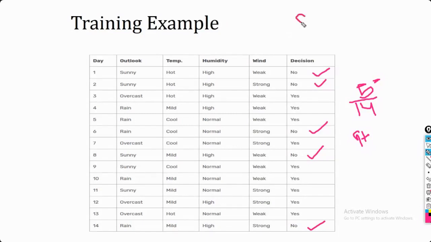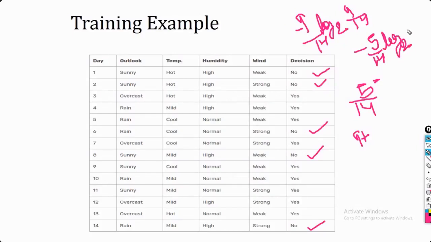So it's going to be minus 9 divided by 14 log base 2 of 9 divided by 14, minus 5 divided by 14 log base 2 of 5 divided by 14, and you will perform the calculation of all these numbers.